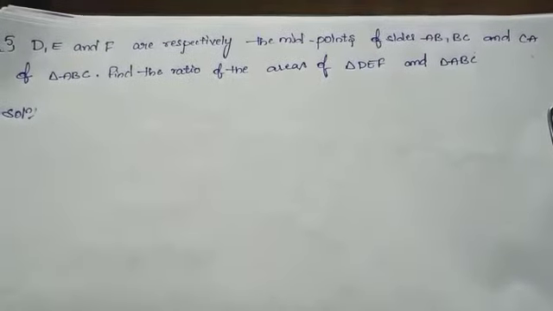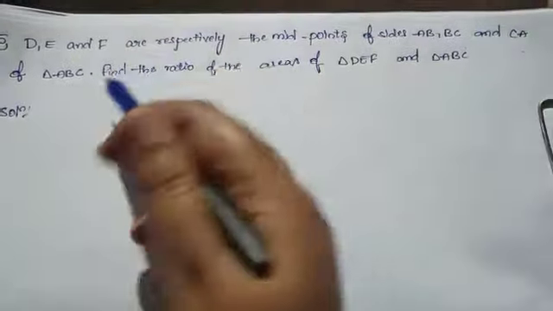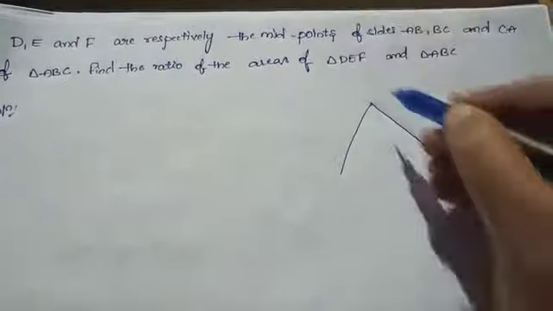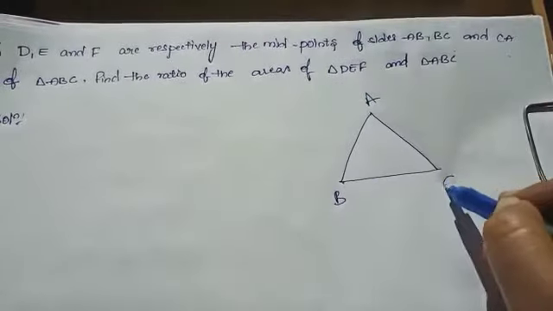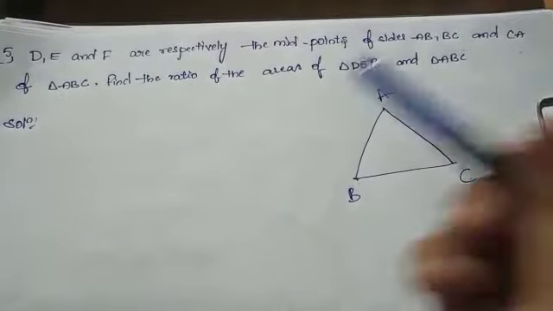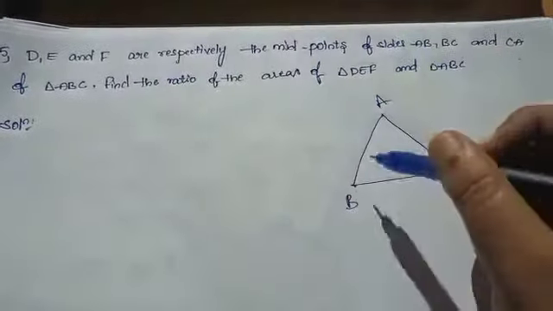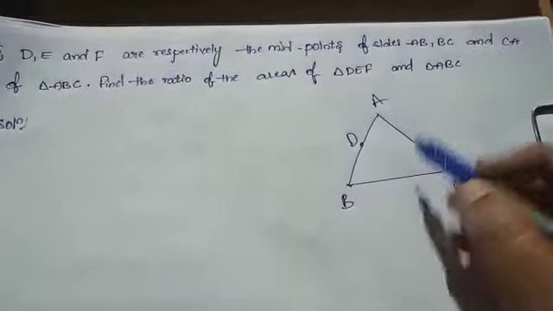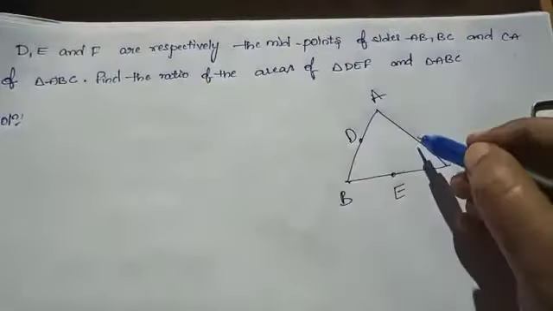Okay, the figure is not given here, so let's draw the figure. First, draw triangle ABC. This is triangle ABC, and D is the midpoint of side AB, E is the midpoint of side BC, F is the midpoint of side CA.